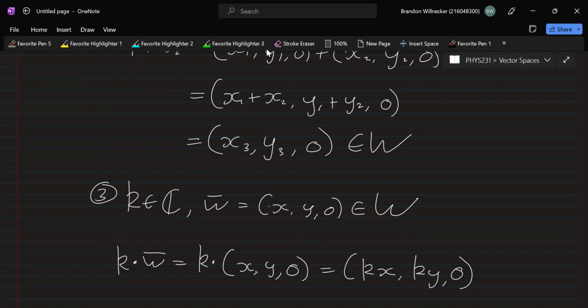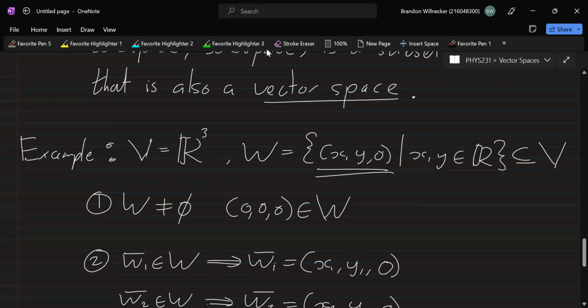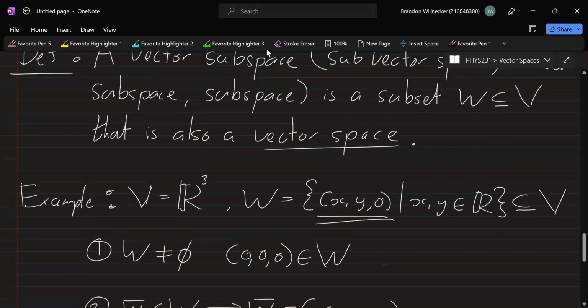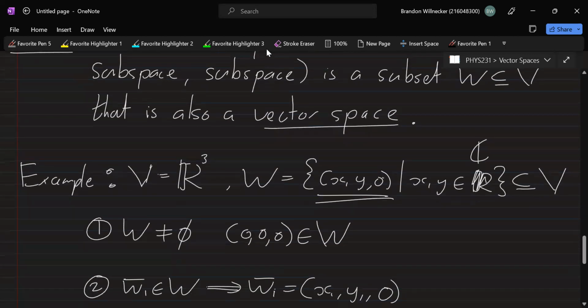Okay, but again, this satisfies the condition to be inside W because Kx is inside here. Oh, sorry, that's supposed to be C. Sorry, and then this was supposed to be C as well.